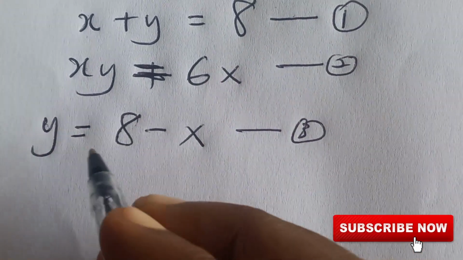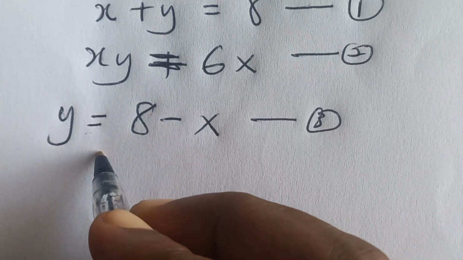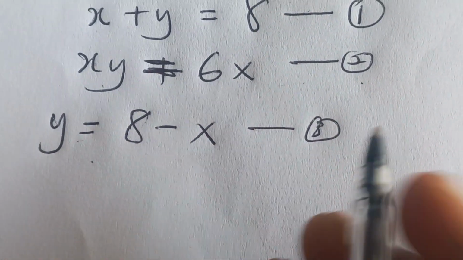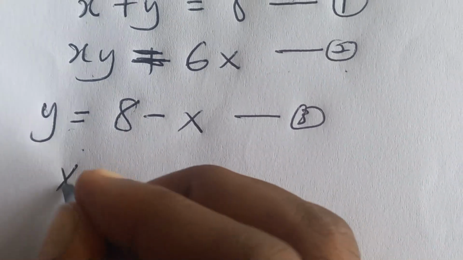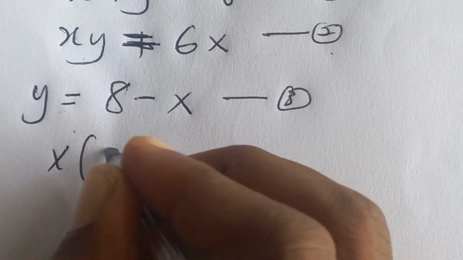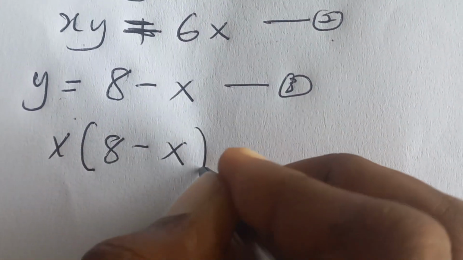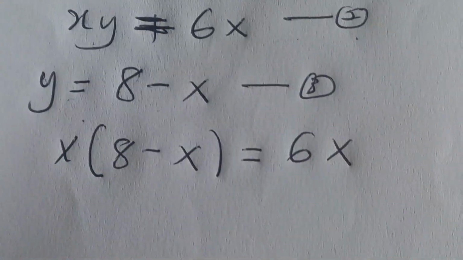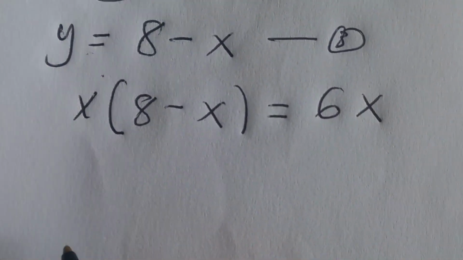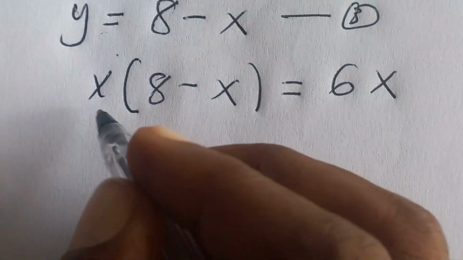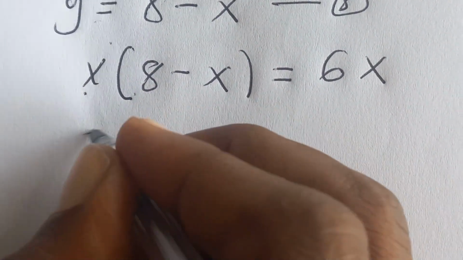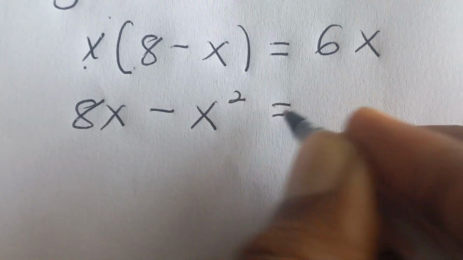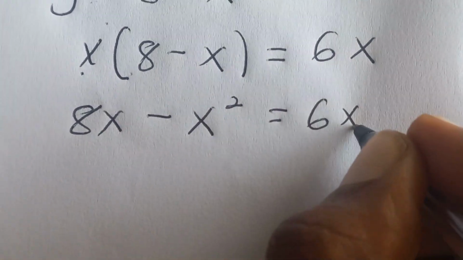Now, we can put y in equation 2, okay? By doing that, we are going to get x(8 - x) = 6x. So let's expand this bracket first. We have x times 8, 8x minus x squared, which is equal to 6x.